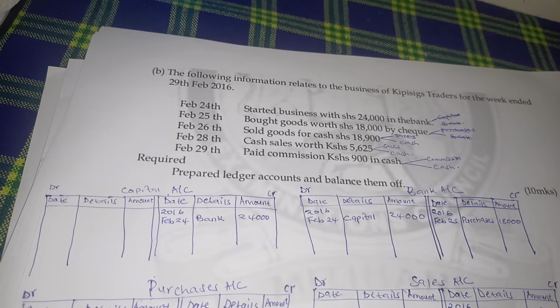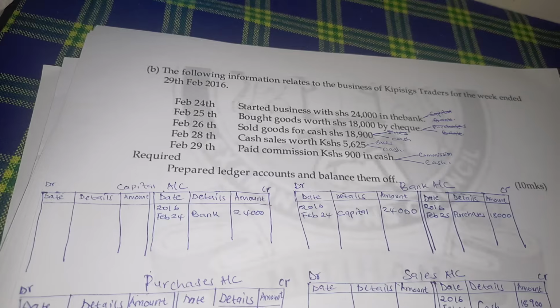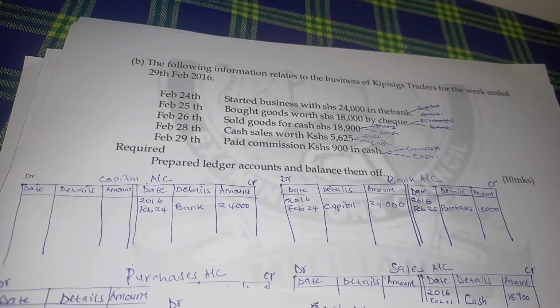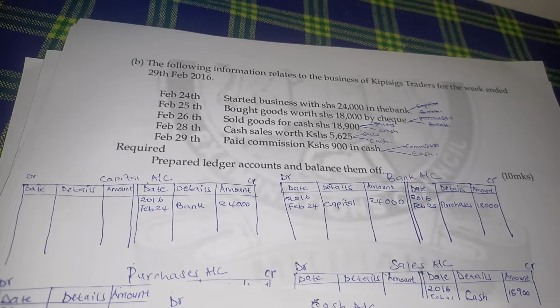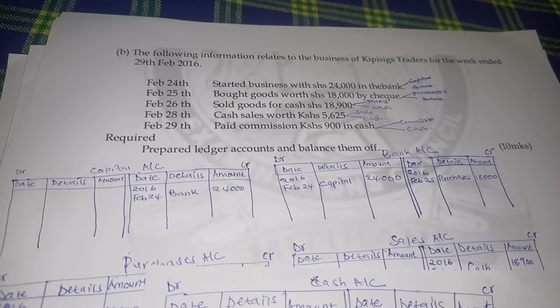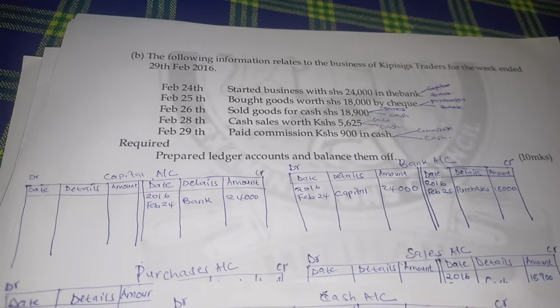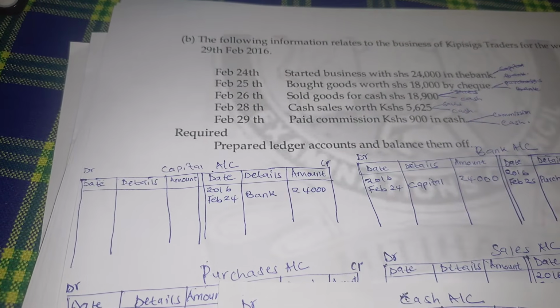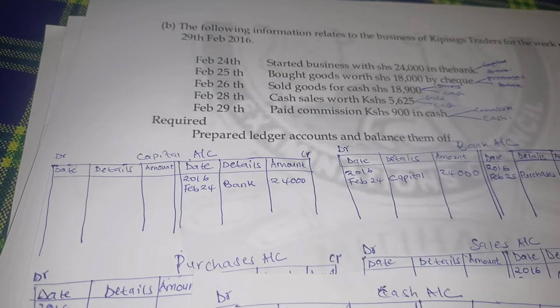Sorry for that. We are on day 26. Sold goods for cash, 18,900. When we sell goods, we receive this cash, so we are going to debit this one. 26th of February, date 26.